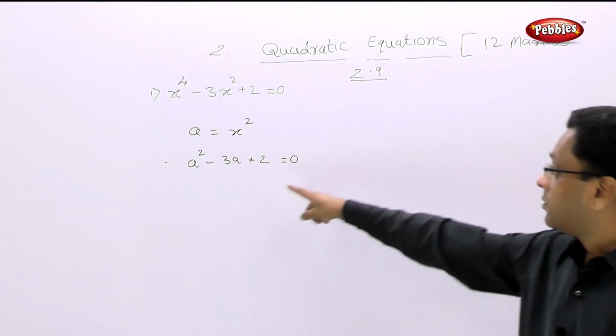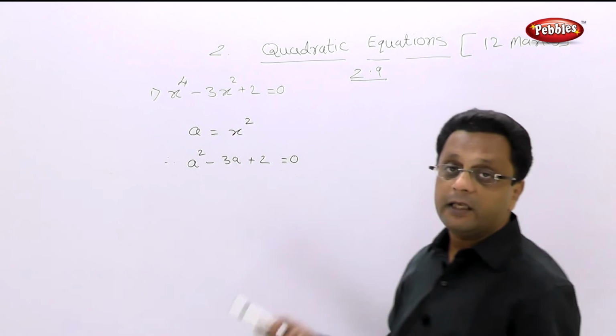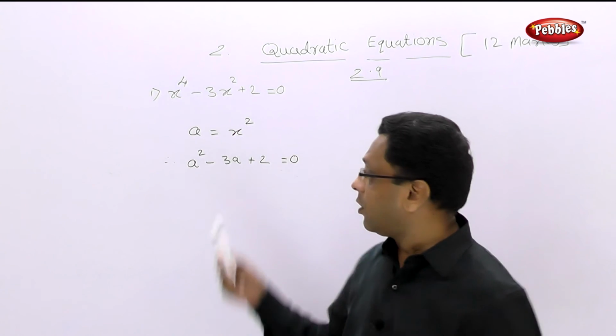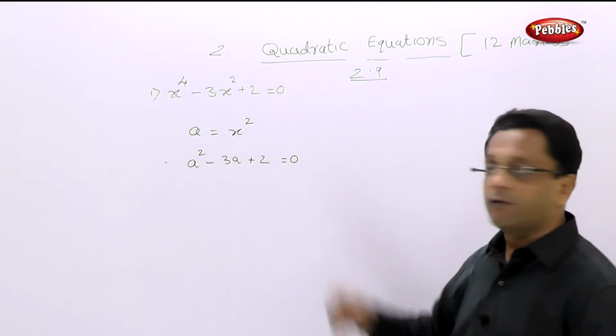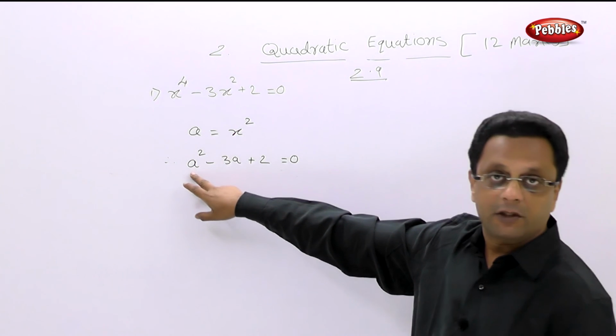Now this is a quadratic equation which we can solve by any method. That means we have seen 3 methods minimum of solving quadratic equation. You can solve by any of the methods, and you will get the value of a first.